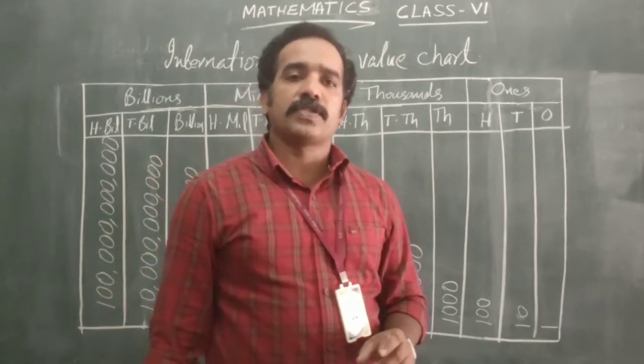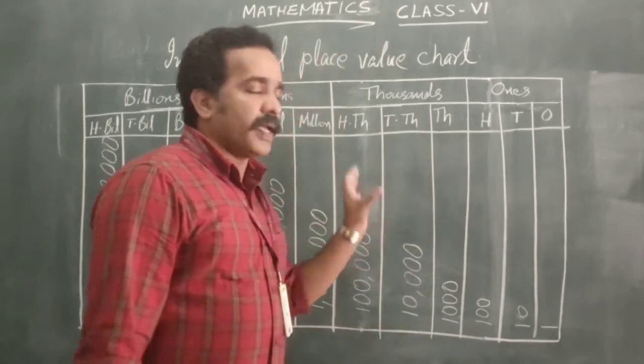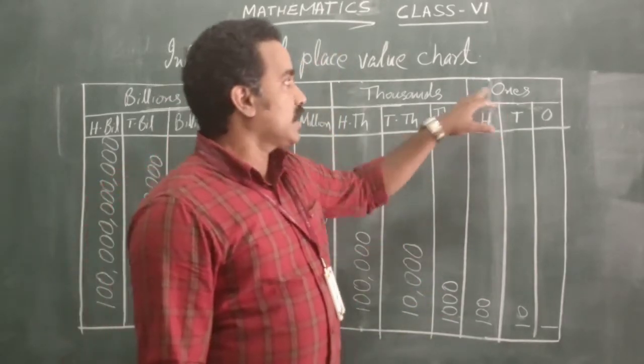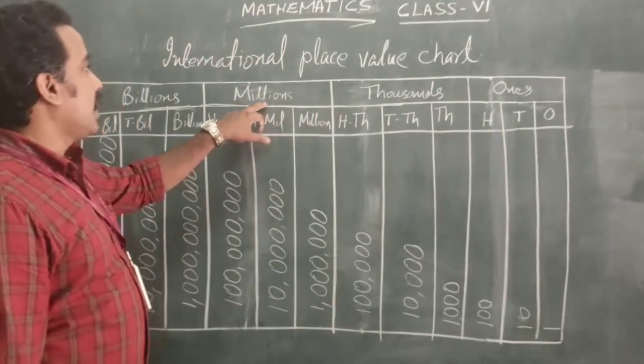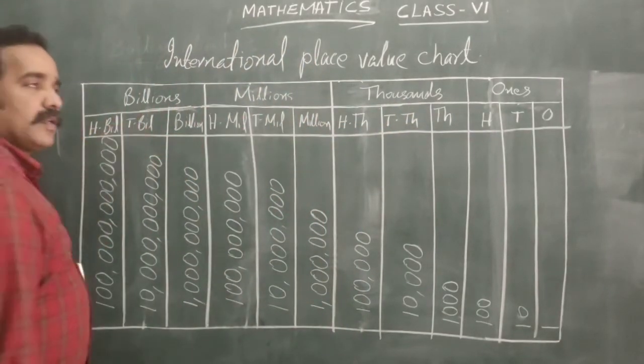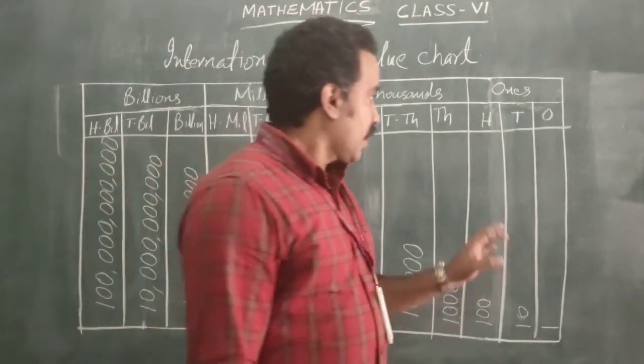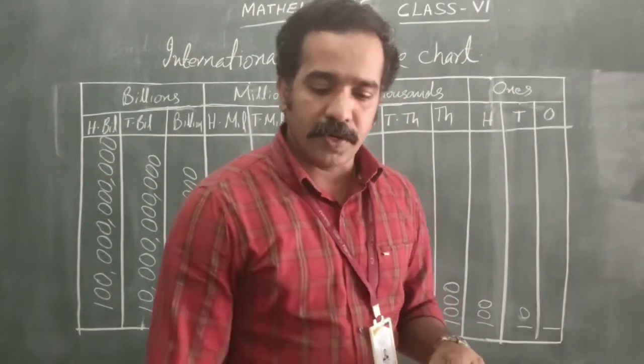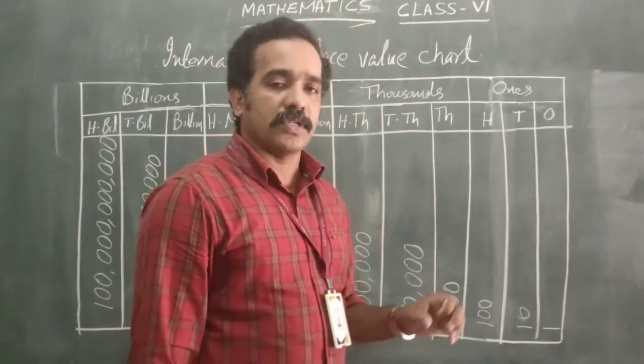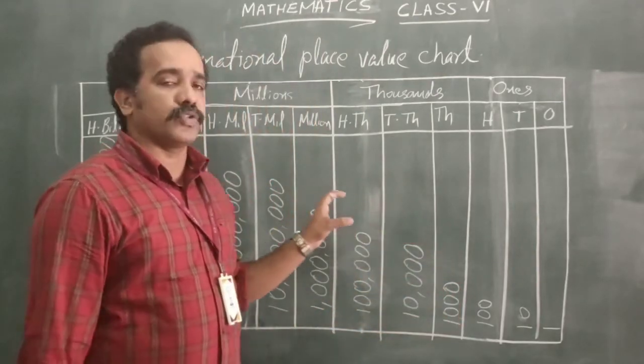But in the international place value system, the periods are different. Ones, thousands, millions, billions, then trillions, like that it is going on. What is the difference between the Indian place value system and the international place value system?